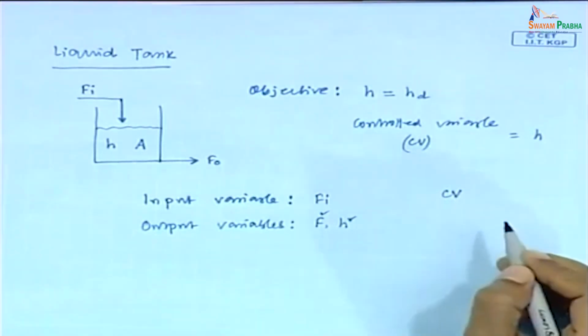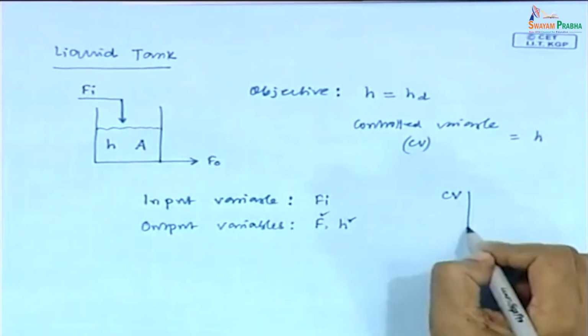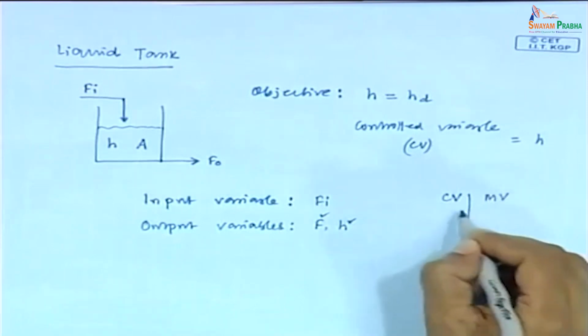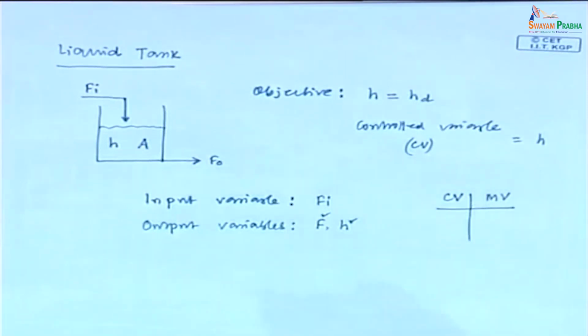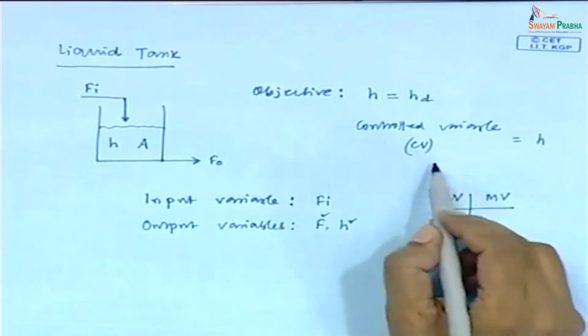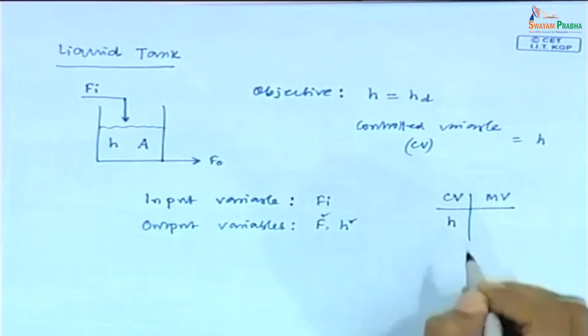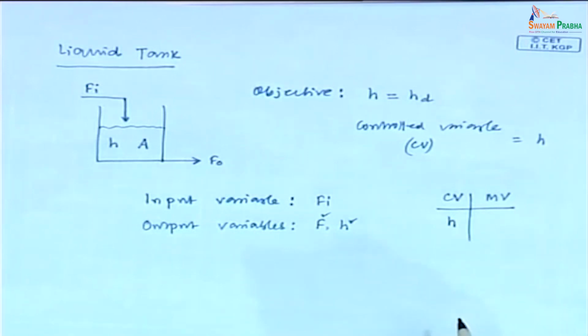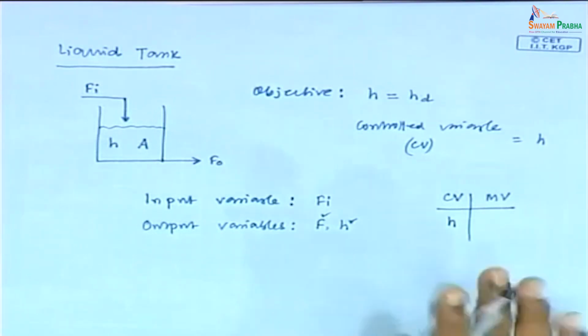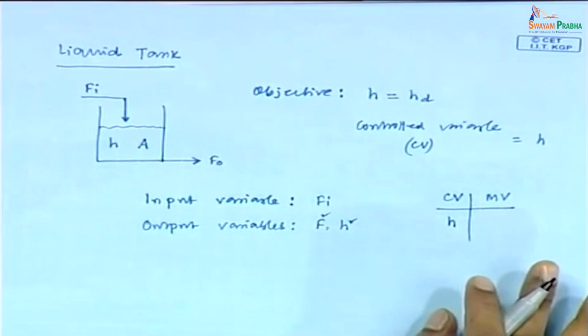Now, for this example system, can you make a pair between controlled variable and manipulated variable? We have decided that for this particular system, liquid height in the tank H is the controlled variable. So, what will be the corresponding manipulated variable?